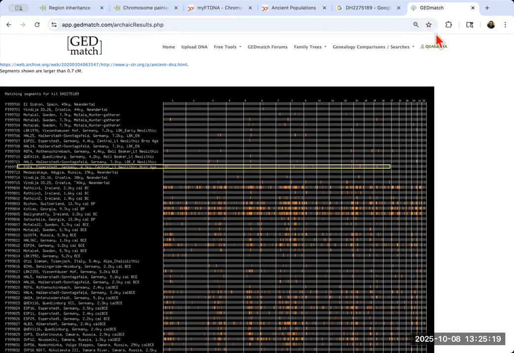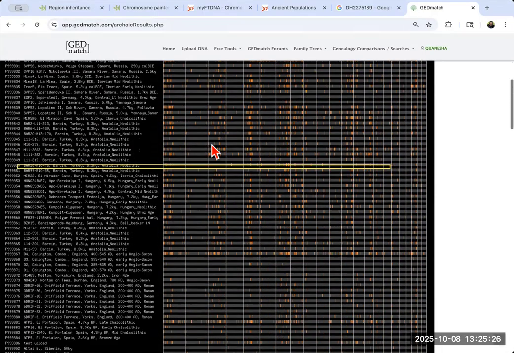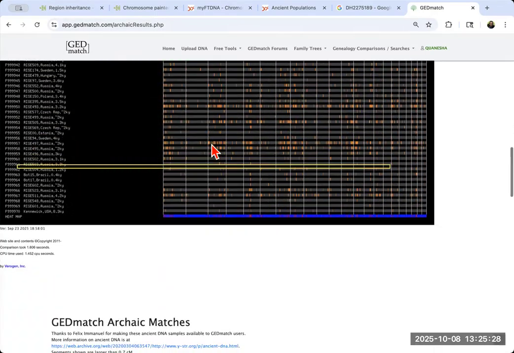That's how I knew it wasn't doing right. But you see, this is way, way, way different. And that's at 0.7. So you can imagine if I went to 0.5.